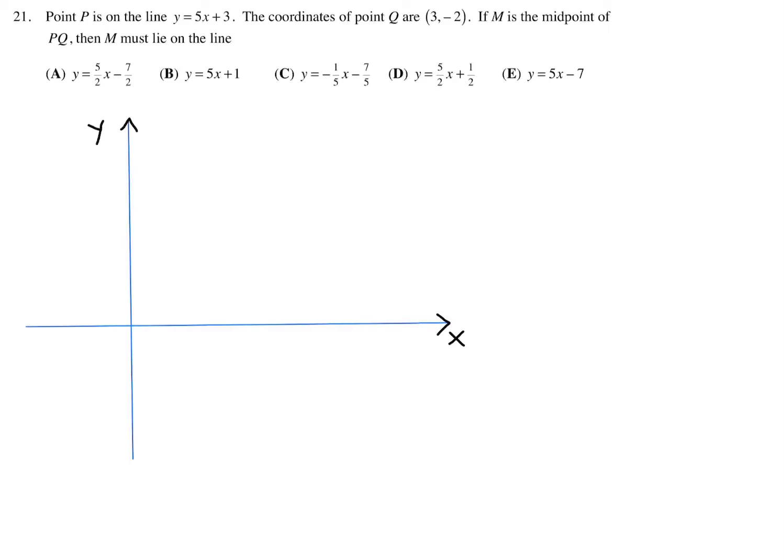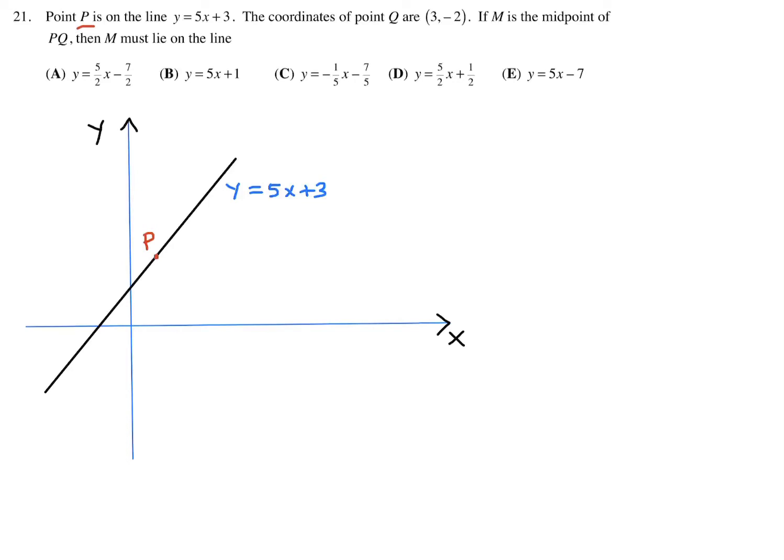It's probably going to be something like this, and we'll label this y is equal to 5x plus 3. And on this line is a point P. I have no idea where this point P is, so I'll just label it right here. P could be anywhere on that line.